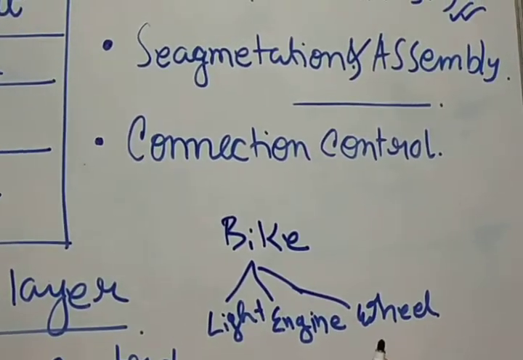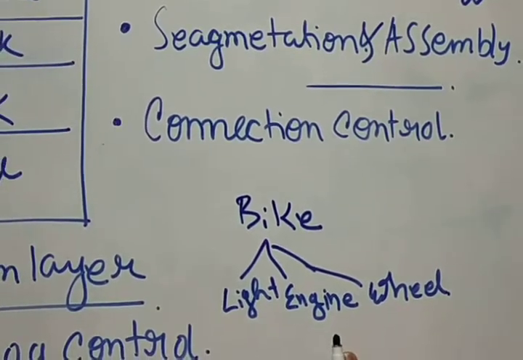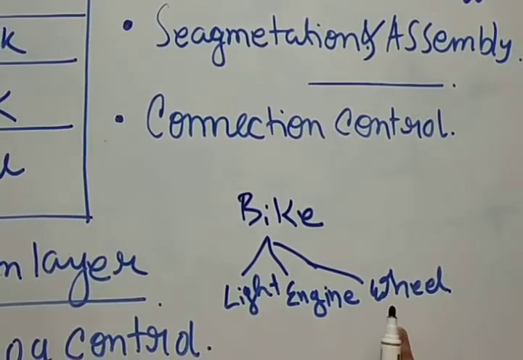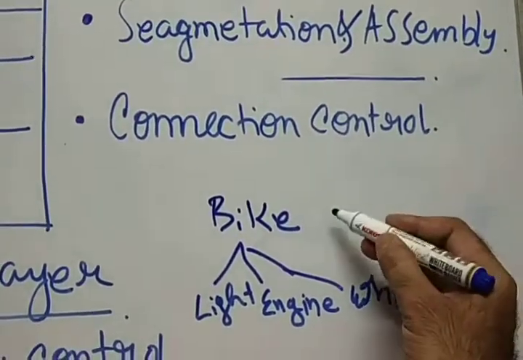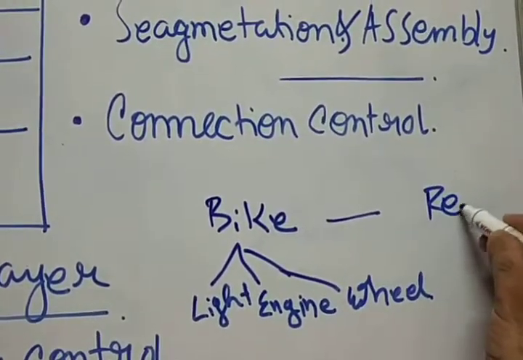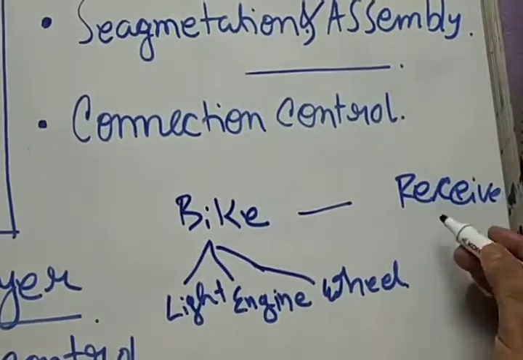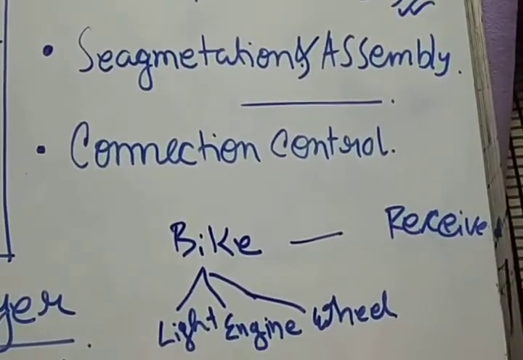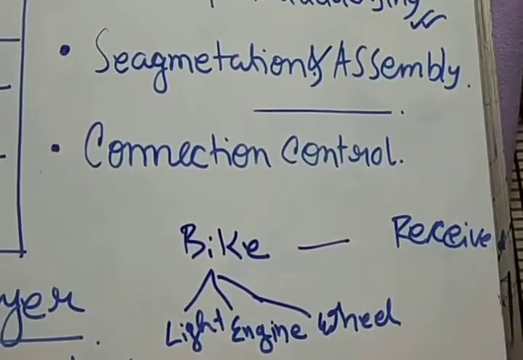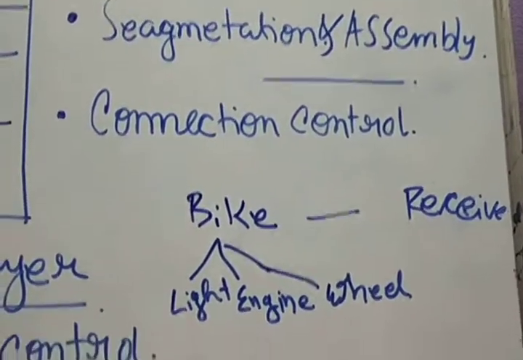They segment it into three parts and pack them differently: the lights of all the bikes in one packet, the engines in one packet, and the wheels in another. After transportation, when it is received by the receiver in Kolkata, it is assembled together again, light, engine and wheel, to form the main bike.